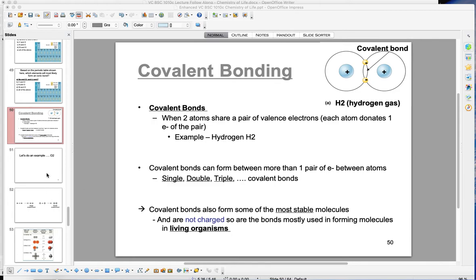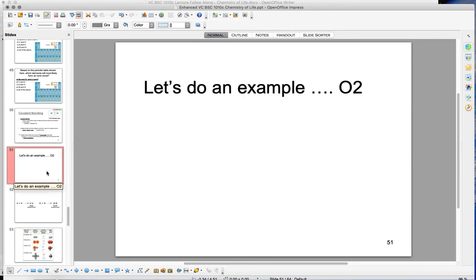Now let's look at double covalent bonds and a triple covalent bond. If we were in class, I would have had you draw out O2 gas and N2, so oxygen gas and nitrogen gas. Oxygen gas produces a double covalent bond, and nitrogen gas produces a triple covalent bond.